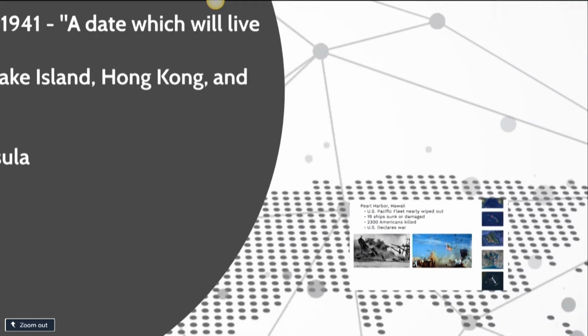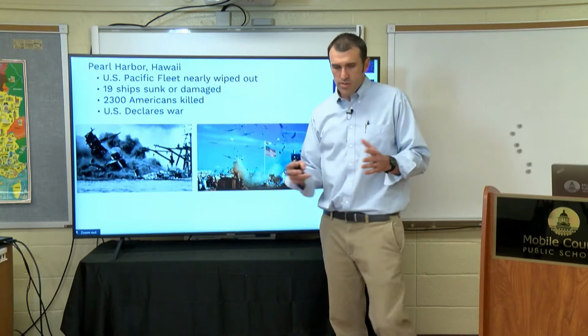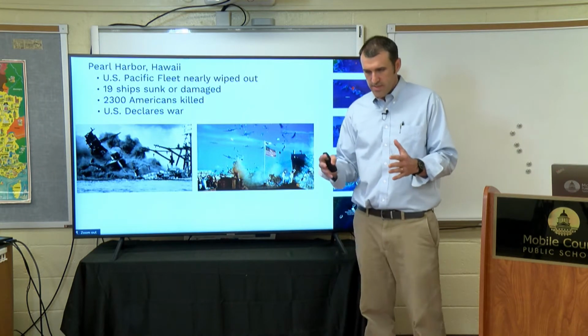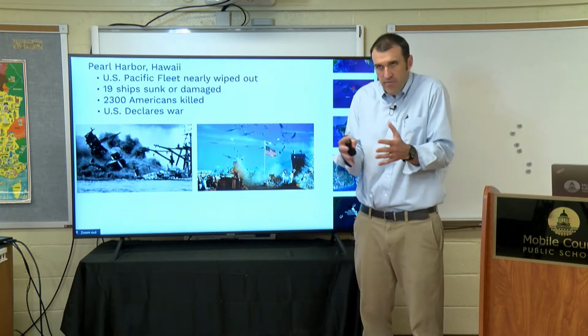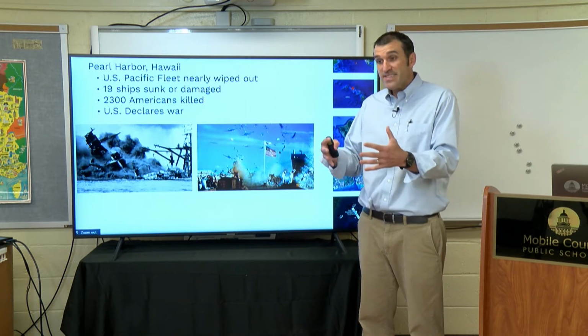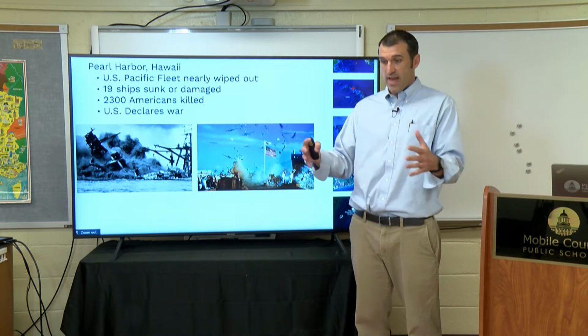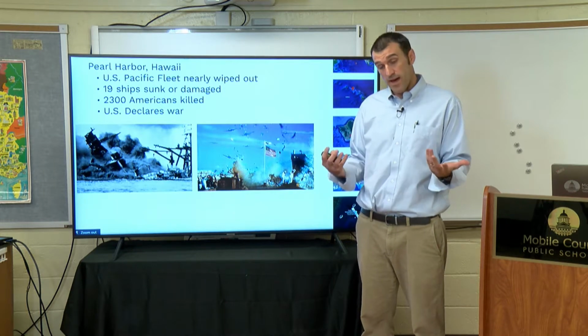Let me zoom in and set the scene for you. There's a couple of ways you could do this as far as stationing your naval fleet. I could put all my naval fleet real close together, right? They'd be easier to defend, and I can have an eye on all of them, but they're also easier to attack as well.